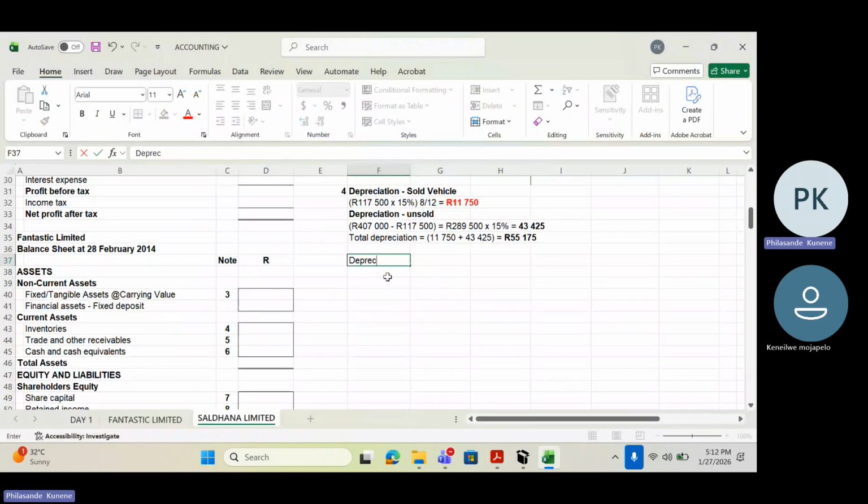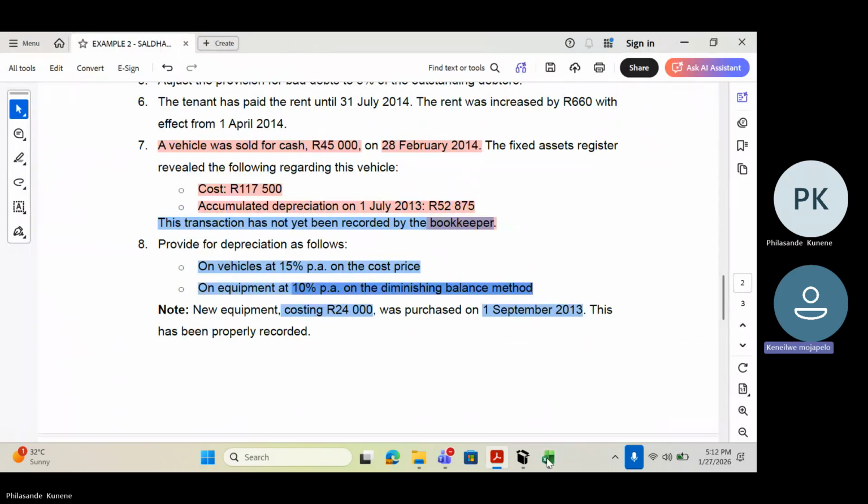So I'll say depreciation here, and then I say new. So I need to say 24,000, right? Because there's no depreciation to subtract, it's new, then what must I do? You multiply by 10%. Very good. Do I have to apportion this one?